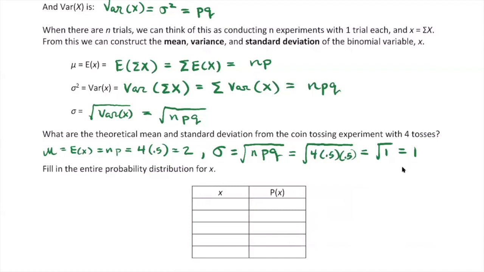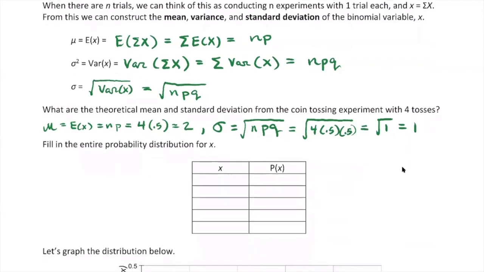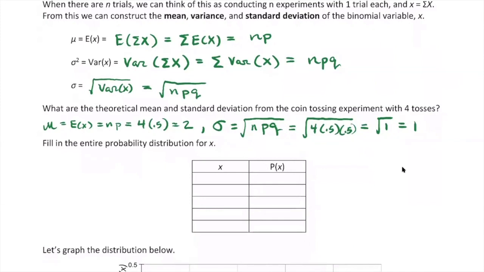Okay, now this is asking down below to do the probability distribution for all values of x. Just to remind you that this is a theoretical distribution, not the practical one that we did with relative frequencies. The theoretical probabilities, P of x, came from this formula, n choose x, p to the x, q to the n minus x.